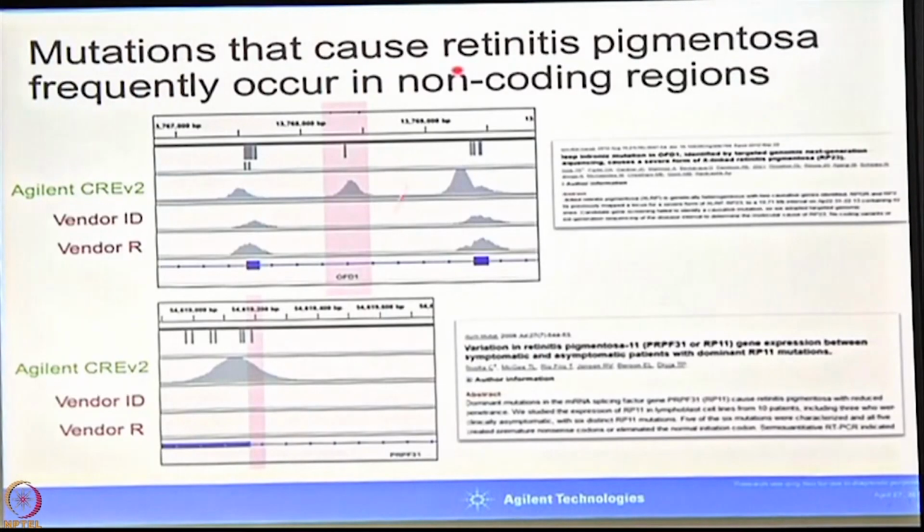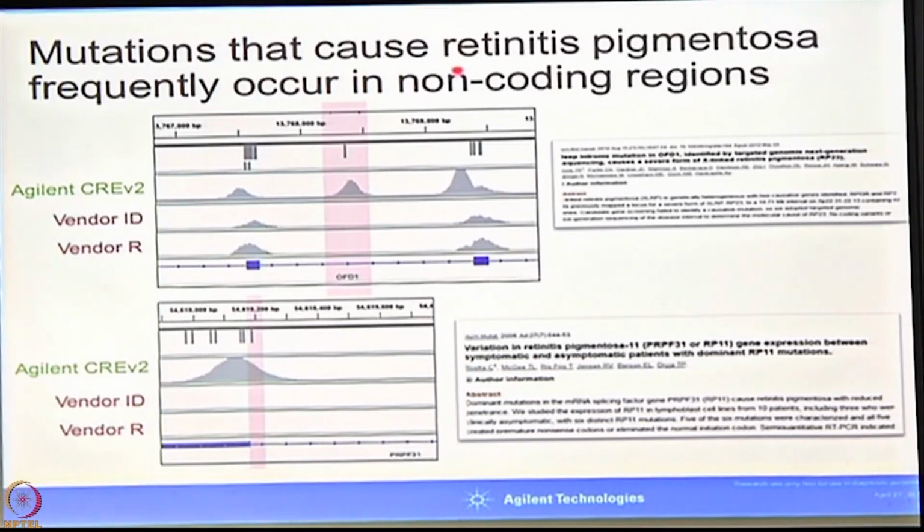So in this disease, this is the kind of pathogenic variant, and you can easily detect it by the clinical exome panel. Another, retinitis pigmentosa. If you see two other vendors, this CFD1 gene is not covered in this part because this is an intronic part. These are exonic parts. Intronic parts are not covered, right? But our panel fairly covers that part. That means detection of that mutation is very easy.